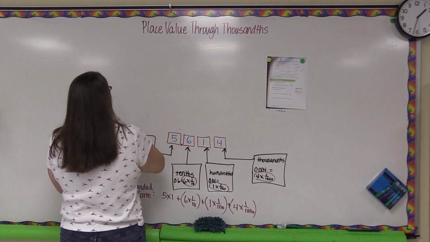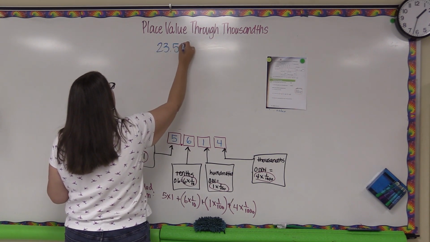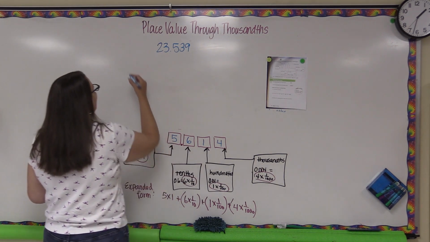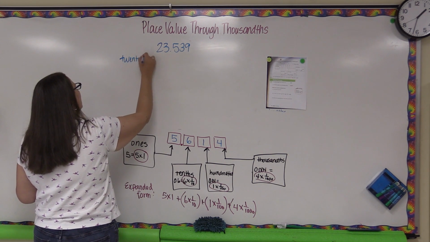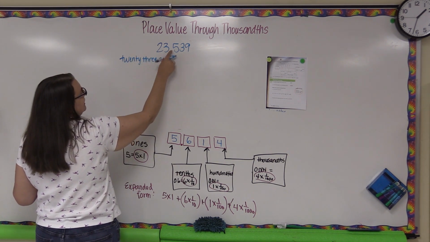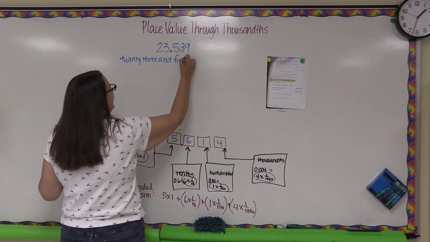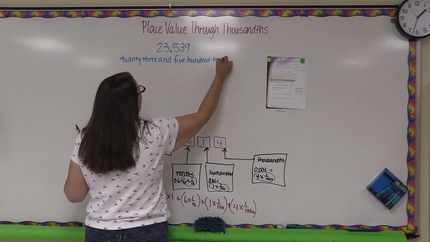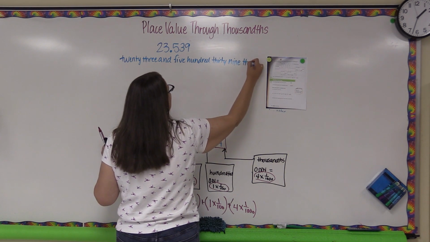Let's do 23 and 539 thousandths, okay? So in word form would be 23 and, because remember that decimal point is where you put the and, 539 thousandths.